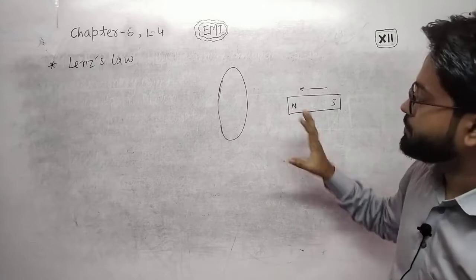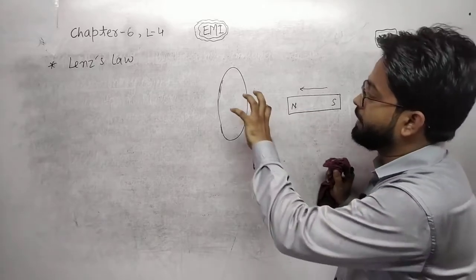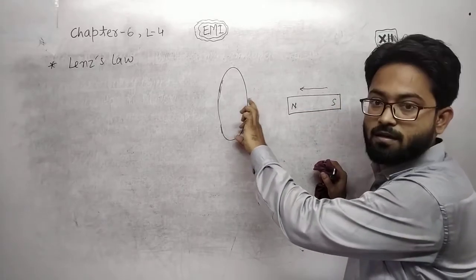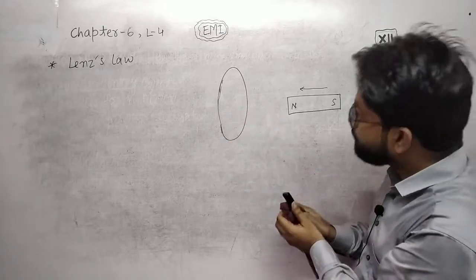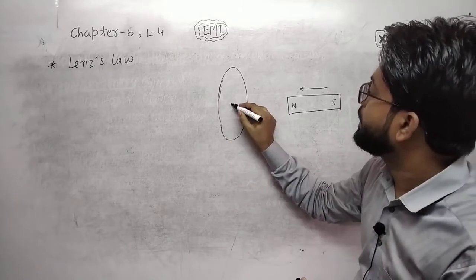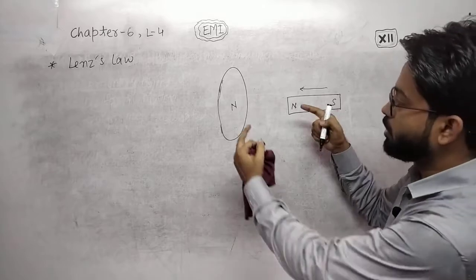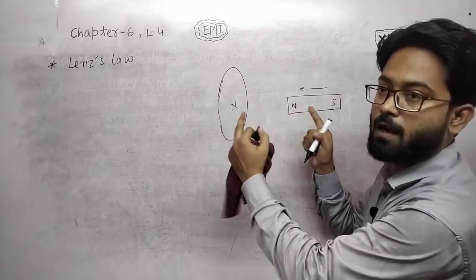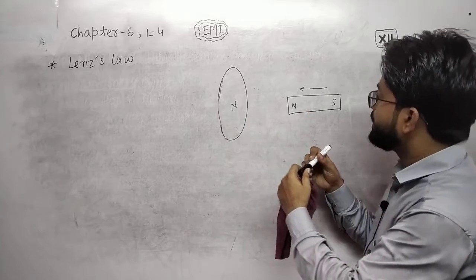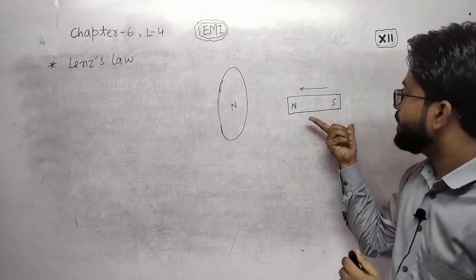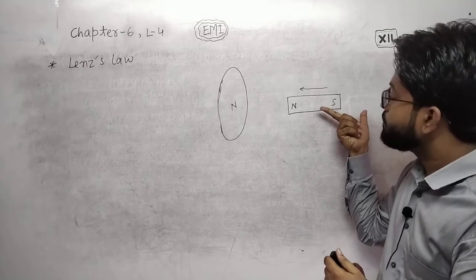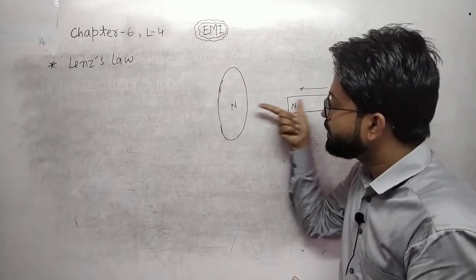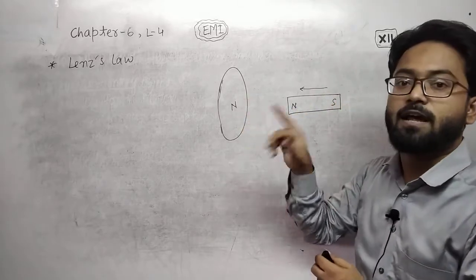It will behave like a north pole, because north will oppose, will repel. So when the bar magnet is suddenly moving toward the coil, the coil will behave like a north pole.